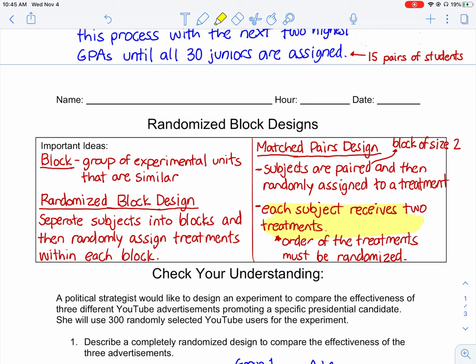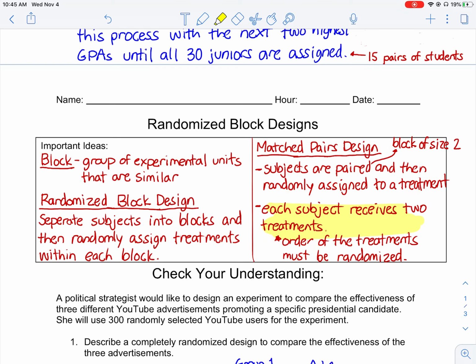The student, the experimental unit, the subject, I'm naming it different things, but this is the same. The subject is receiving two of the treatments. Does that make sense? That is also a matched pairs design.